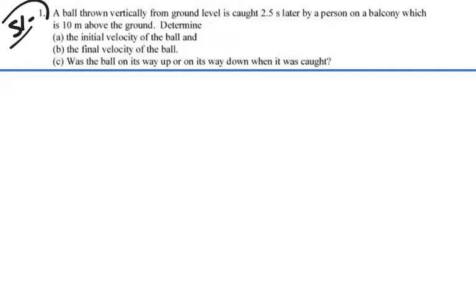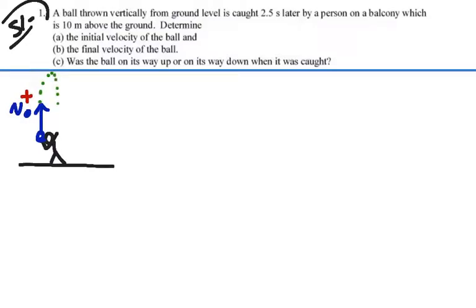This is a pure kinematics problem, and so we're going to try to solve it that way. Here we have somebody throwing a ball straight up with some initial velocity, and we're going to take our initial velocity direction as being our positive direction. So we'll define up as being positive.